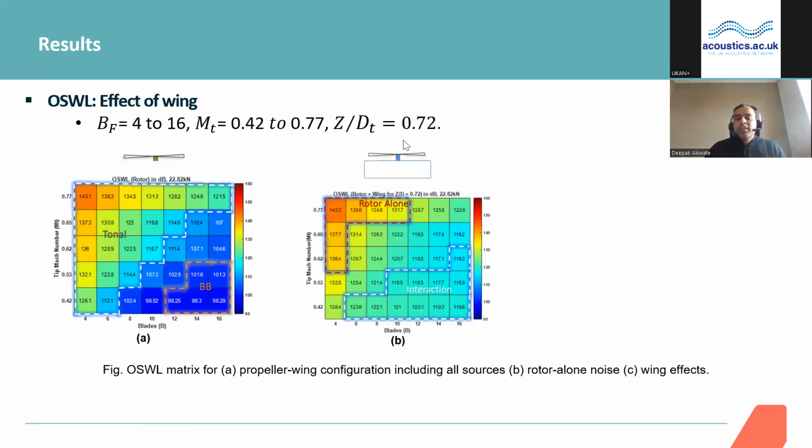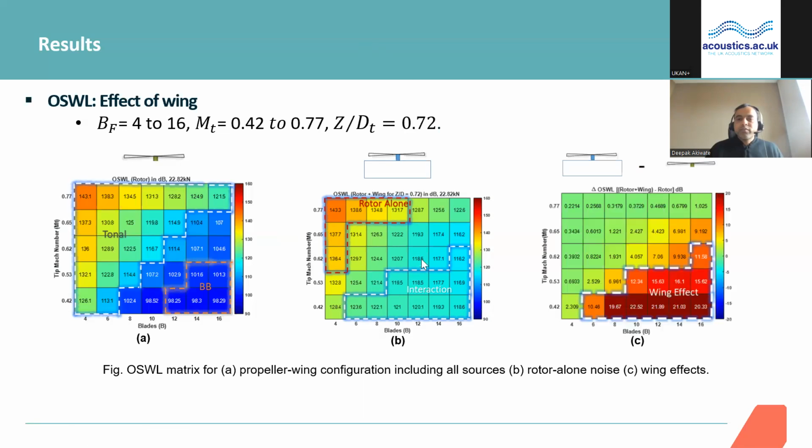When you add a wing, the broadband noise, which was dominant at the high blade number and low tip speed, has been taken over by the interaction noise source, and the rotor noise has been restricted towards the extreme high blade number and extreme tip speeds, which makes sense now because this entire region has been taken over by the interaction noise, which is mostly tonal in nature, which I will explain in a minute.